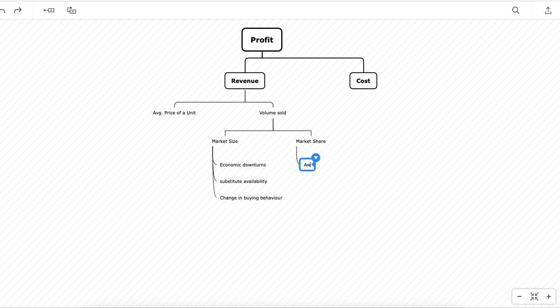First is awareness: whether a customer is aware of your product, whether your product exists or not. Second comes likability: although your target customer is aware of your product, whether he or she likes your product. And third is accessibility.